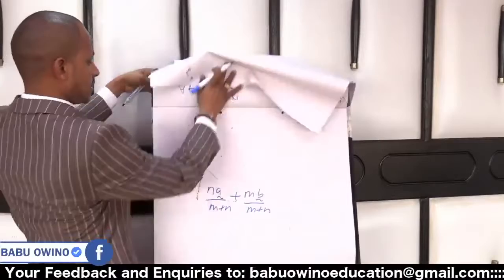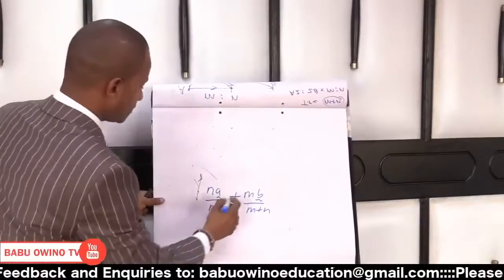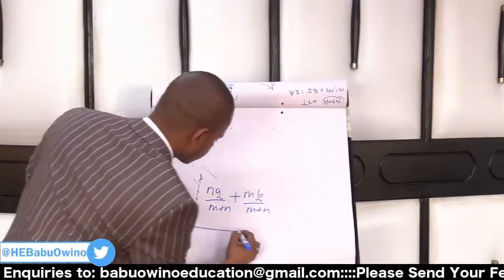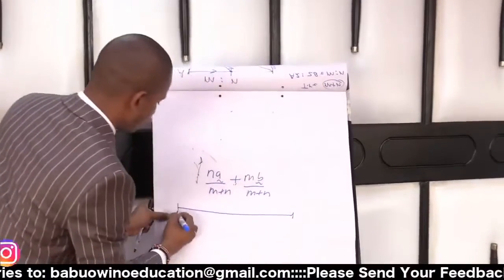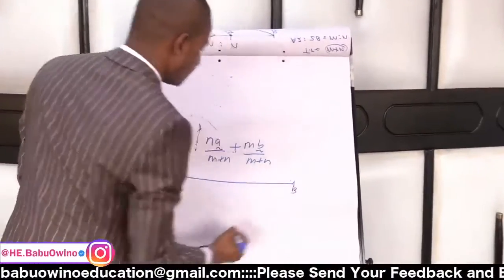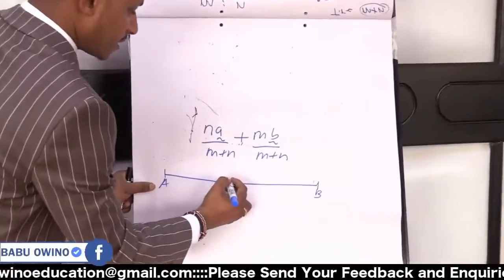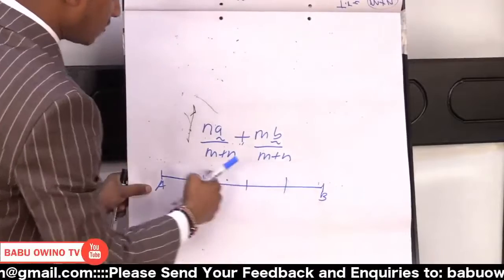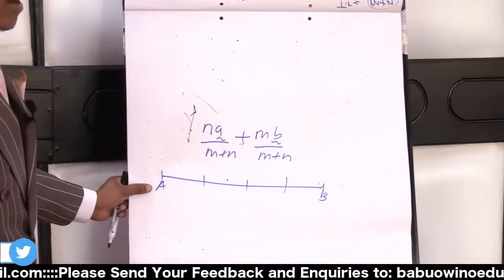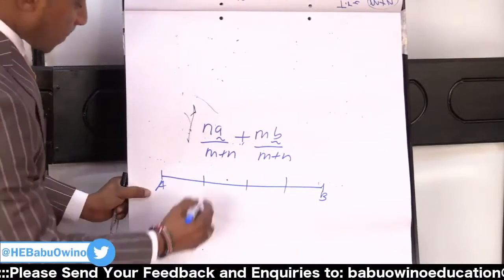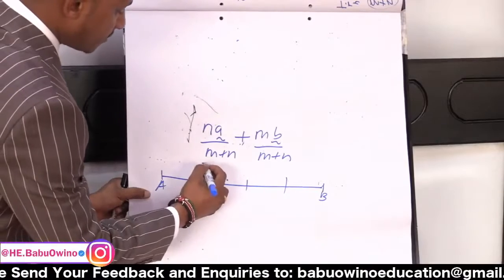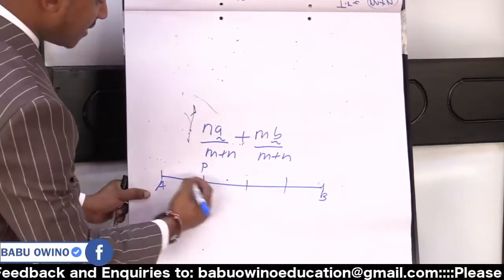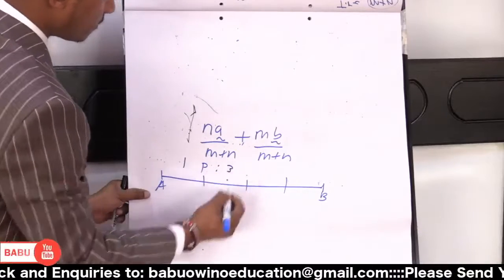So how does this help us? If we have our line AB, remember our first example where the line is divided into 1, 2, 3, 4 units, with points P, X, and Y. P divided the line AB in the ratio of 1:3.